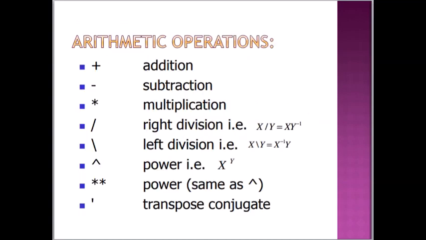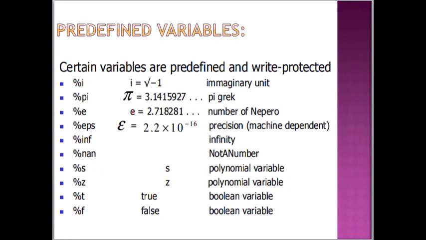In this software we have some operations, arithmetic operations: for addition we use the plus symbol, for subtraction minus, and for power double star. All types of arithmetic operations are included in this slide. Now, predefined variables. Some variables are already defined in our software.